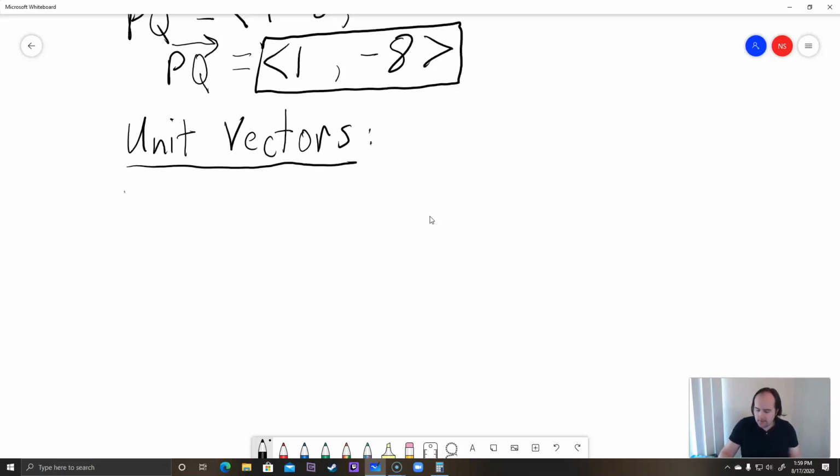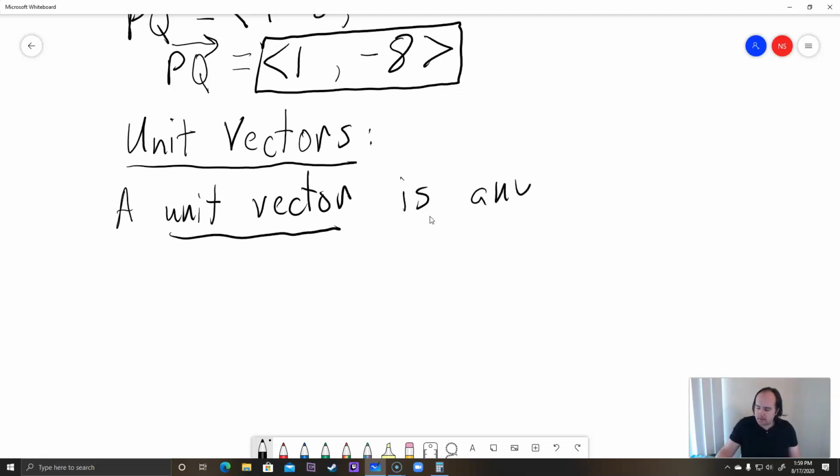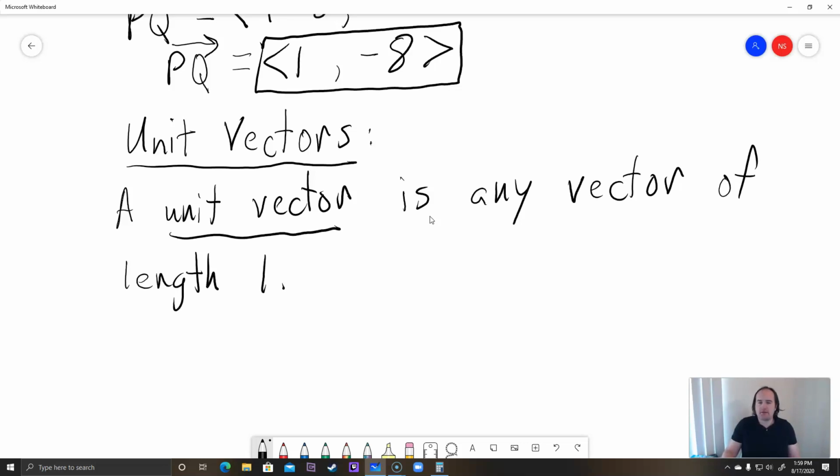Okay, so a unit vector is any vector, so it can be pointing in any direction, of length 1. So the magnitude or length of the vector is 1. Okay?